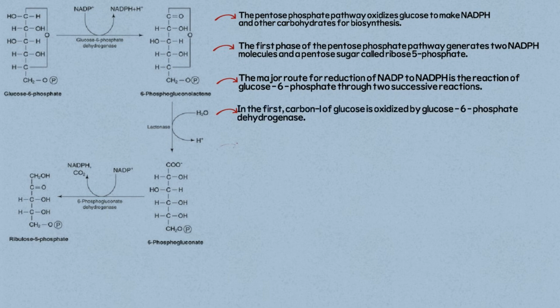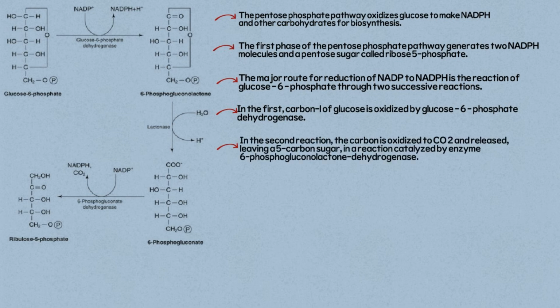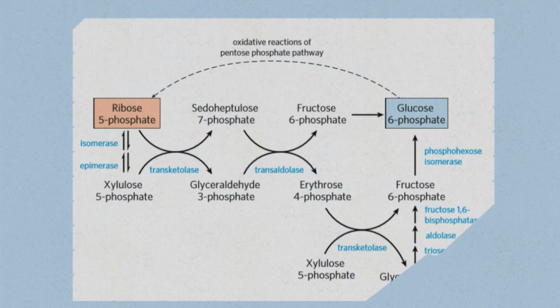In the first reaction, carbon 1 of glucose is oxidized by glucose 6-phosphate dehydrogenase. In the second reaction, the same carbon is further oxidized to carbon dioxide and released, leaving behind a 5-carbon sugar, in a reaction catalyzed by the enzyme 6-phosphogluconate dehydrogenase.